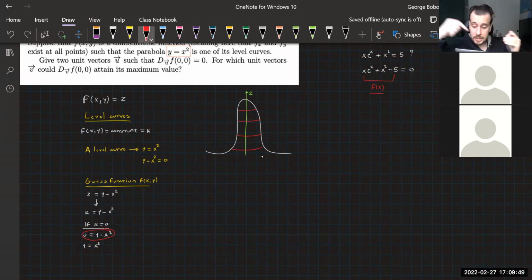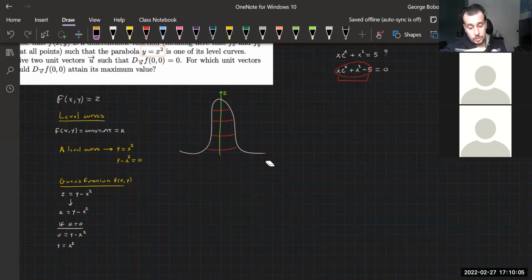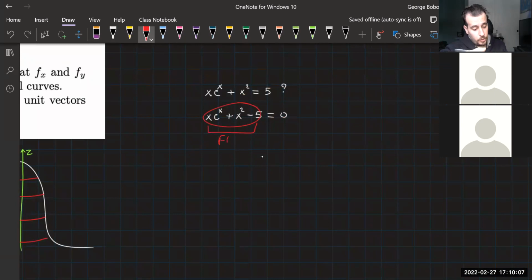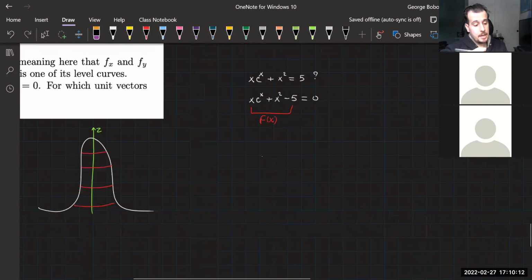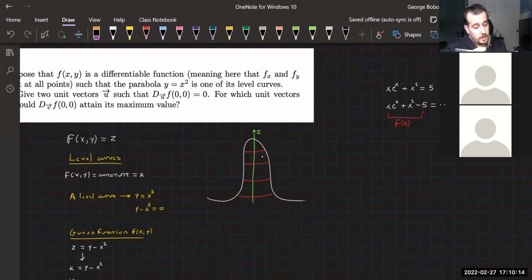But the left-hand side here has y and x, versus the one there that has just x. So that one is f of x, and this one is f of xy. But you've done it in the past, and I just want to encourage you to think that it's not new, this trick to get the overall function. So if you have the level curve, rearrange it so that everybody is on the same side and call this guy f of xy.